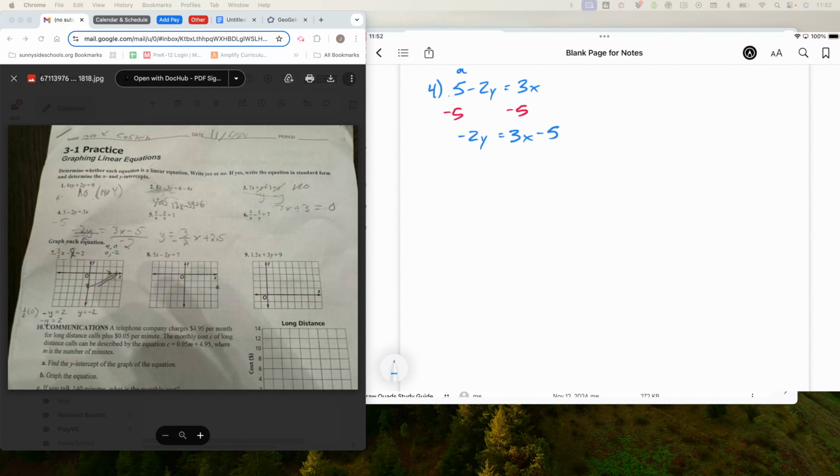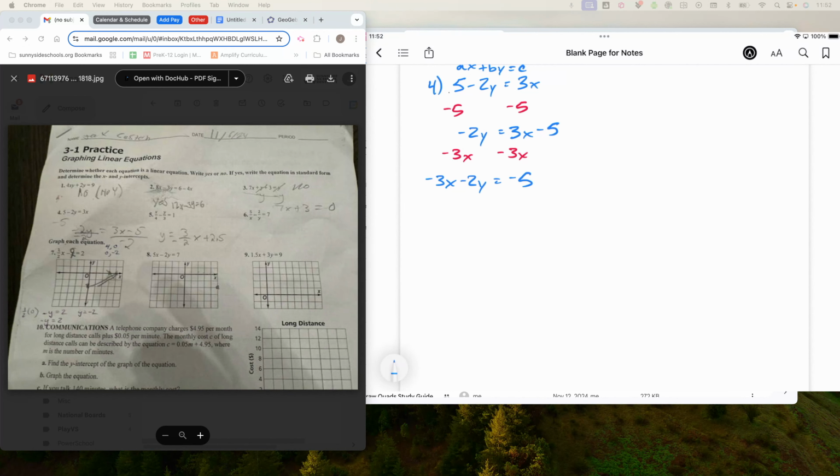Remembering we want this to look like ax plus by is equal to c, we want our x term on the left side of the equation. So we will subtract 3x from both sides, and we will get negative 3x minus 2y is equal to negative 5.